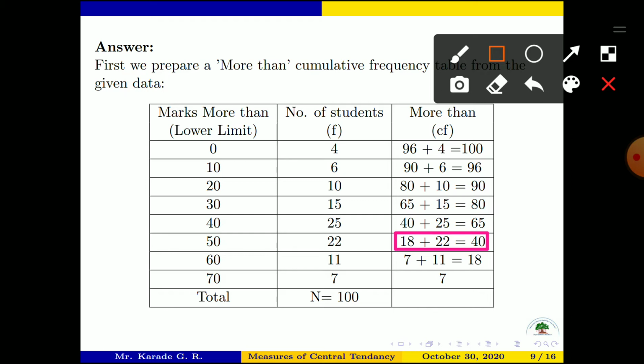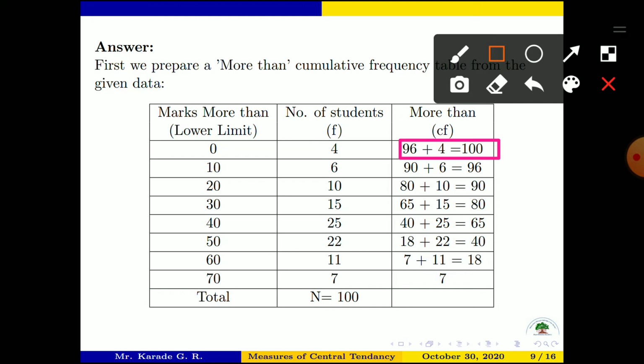So 18 is the cumulative frequency of the below cell or previous class, and then we add this 18 to the frequency of the current class interval, and it is equal to 40. So in this way we prepare all the cumulative frequencies. In the last it is the addition of 94 plus the current frequency 4, and it is equal to 44.